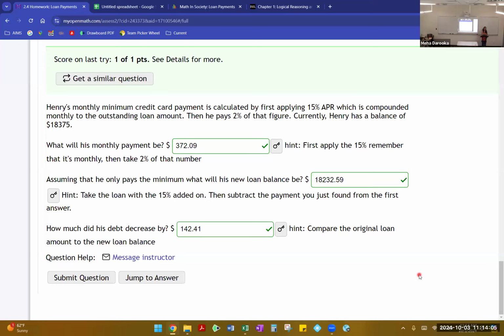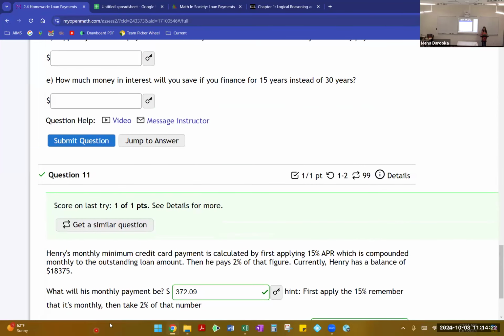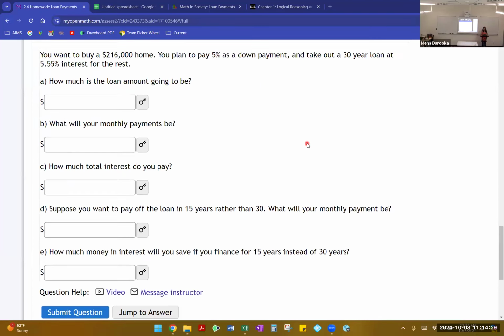So if you're using the PMT or FV formula, the first one is R divided by N in that function, but the second one, your exponent, should just be one. The number of periods argument.